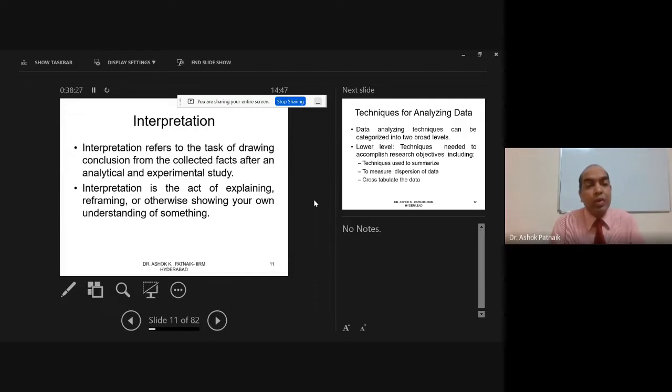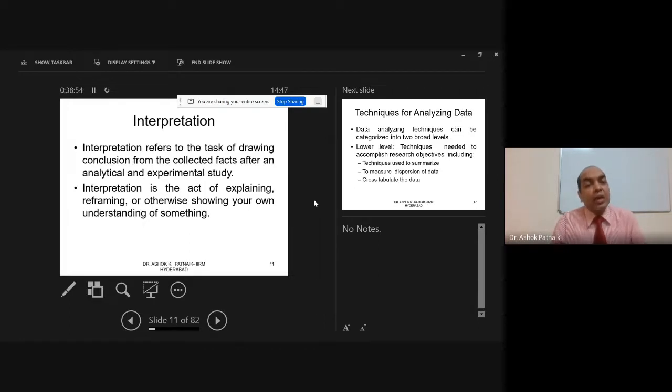But when you talk about interpretation, you try to reach a conclusion. What is happening? Why is it happening? How has it happened? Or who is responsible for this? You try to answer all these questions, and you try to reach a conclusion or a reason why this thing is happening, or what is making it possible, or what is stopping it. So you try to reach a conclusion through interpretation.